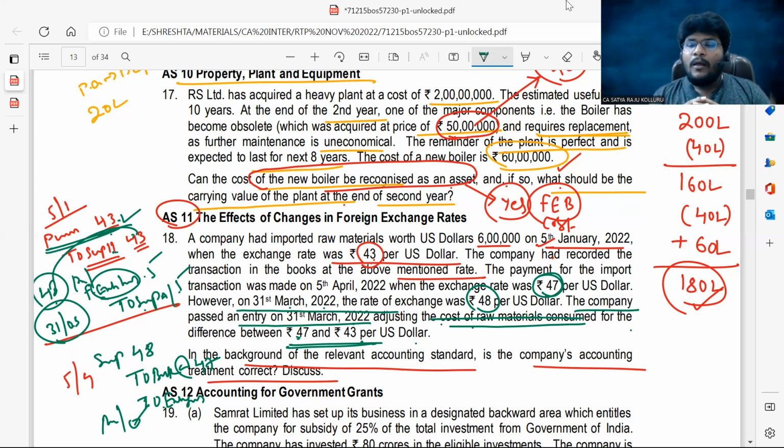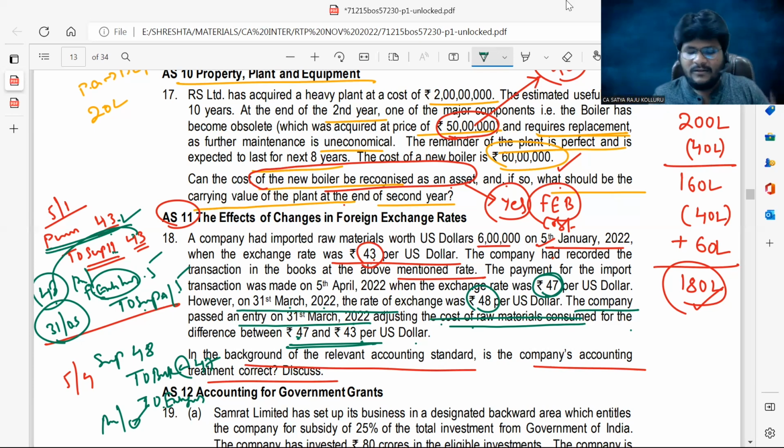And the foreign exchange gain or loss occurred as on such balance sheet date, you need to transfer to the profit and loss account by treating it as a foreign exchange loss or gain, adjusting such monetary item. But in the given case, the company adjusted such a loss into the raw material cost. That too, they are not comparing the rate prevailing as on the date of entering into the transaction and the rate prevailing as on the balance sheet date. They compared different rates as well.